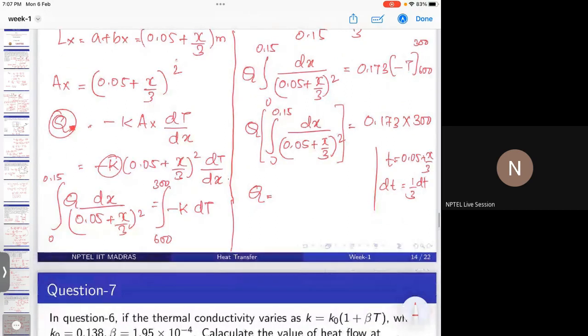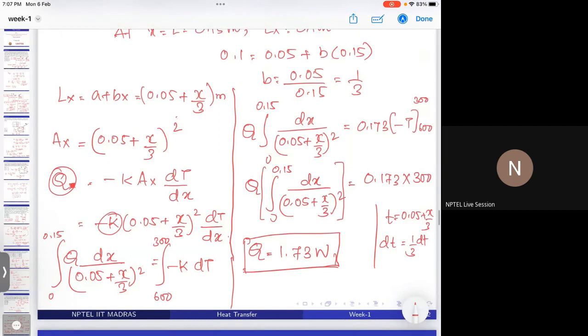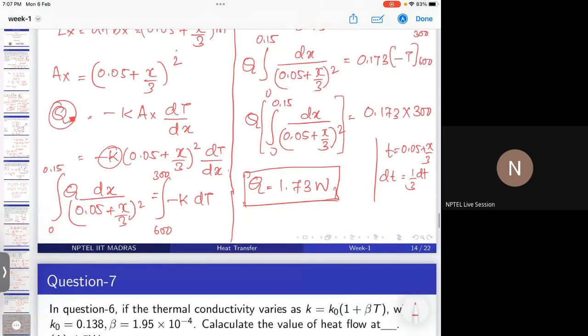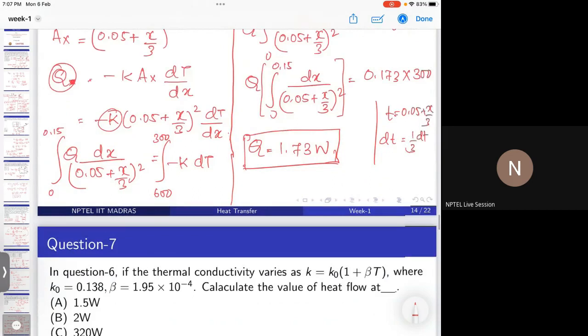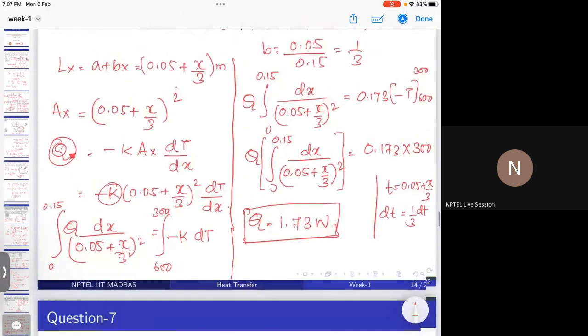So Q is equal to, I will get 1.73 watts. Okay. So I hope up to this it is clear. Only you may have some doubt about this integration. This integration is simple, like it's a plus two level integration only. I hope you can do this integration.